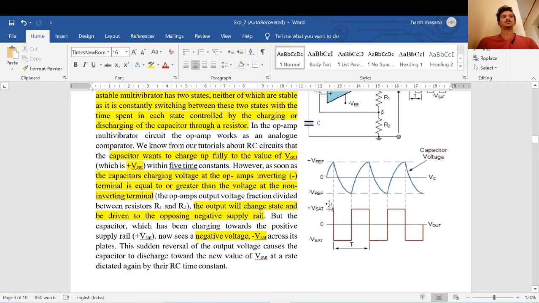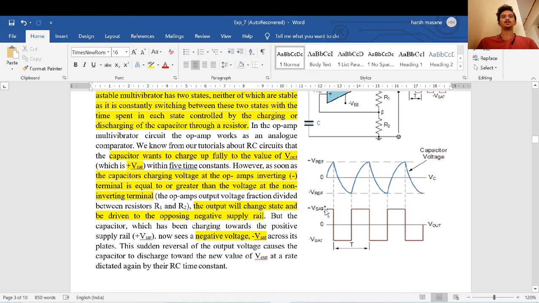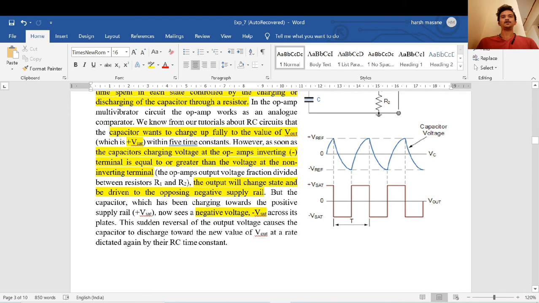When the capacitor is charging with the positive supply, my output will be at plus Vsat, and as soon as the capacitor charging voltage at the op-amp's inverting terminal is equal to or greater than the voltage at the non-inverting terminal, my output changes state and goes to minus Vsat.